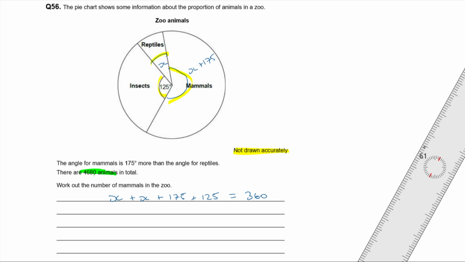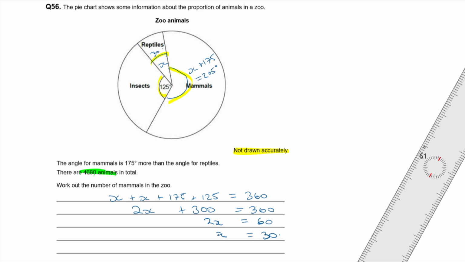Okay, so then adding like things together, x plus x is 2x, 175 plus 125 adds up to 300, and that's equal to 360. So taking 300 away from both sides, I get 2x is equal to 60. So then dividing both sides by 2, I get x is 30. So if x is 30, then the mammals would be 30 plus 175. That's 205 degrees, and the reptiles will be just 30 degrees.